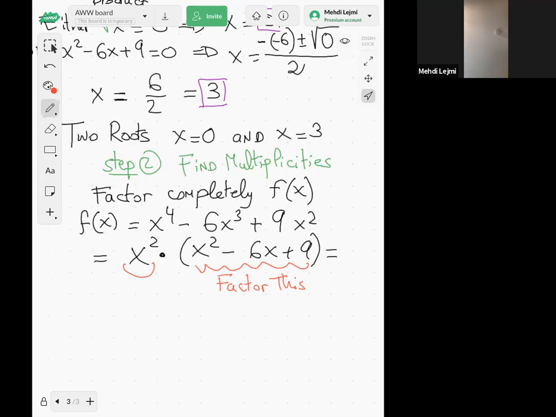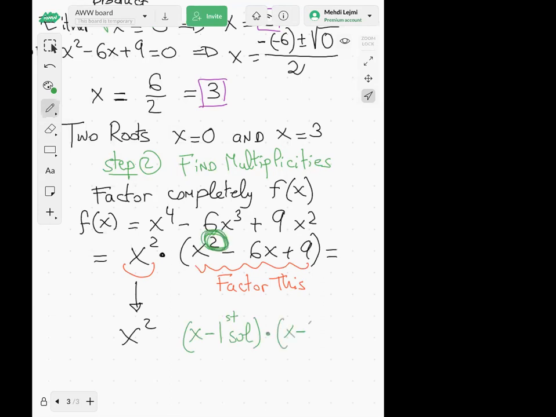Again, guys, it's a square here, so we are supposed to have two solutions. A complete factorization would be of the form x minus a first solution, because I have two, times x minus the second solution.